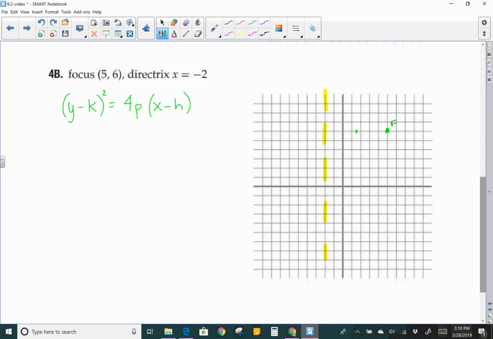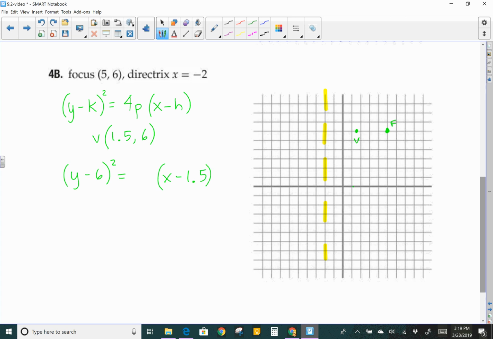This is where my vertex is. I have to graph it, so I'm not going to write it on there. So I find out that my vertex is at 1.5, comma 6. So I can write my equation. Y minus 6 quantity squared equals, not sure what that number is yet, x minus 1.5.